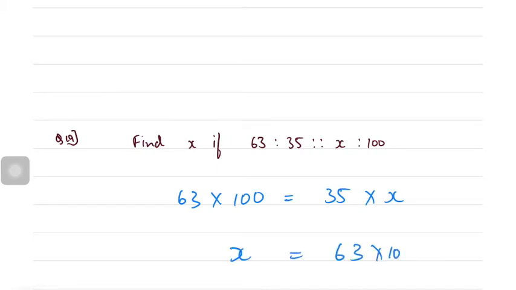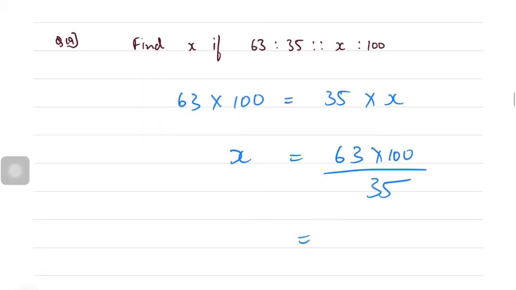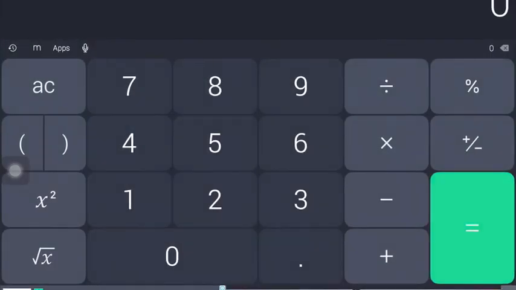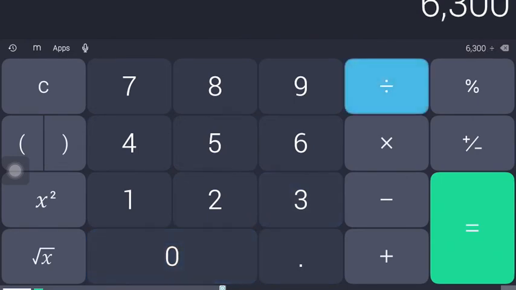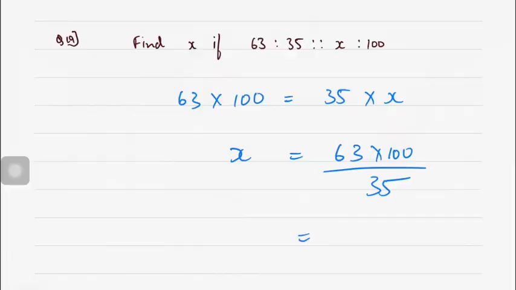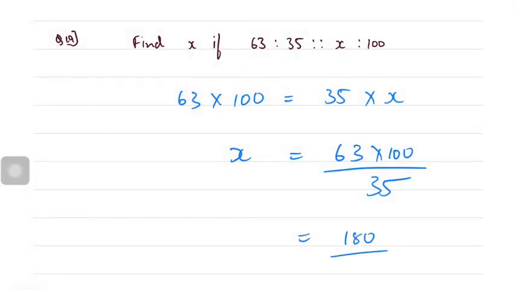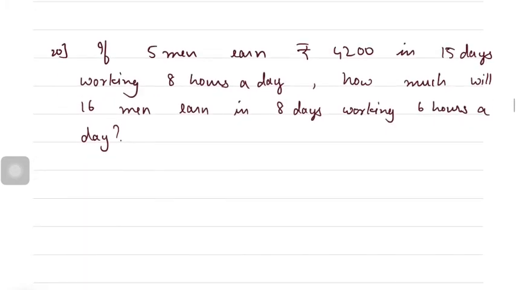So x is equal to 63 into 100 divided by 35. Let's calculate. It comes to 180. So x is equal to 180. Okay. Next problem.